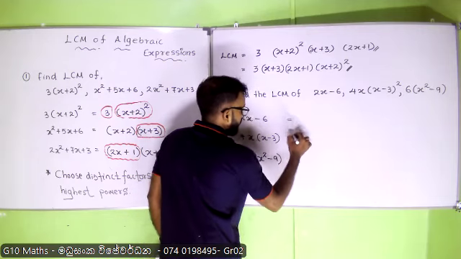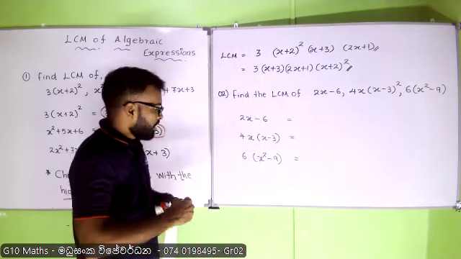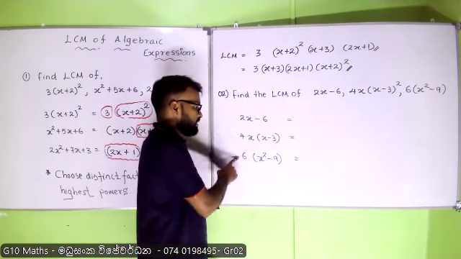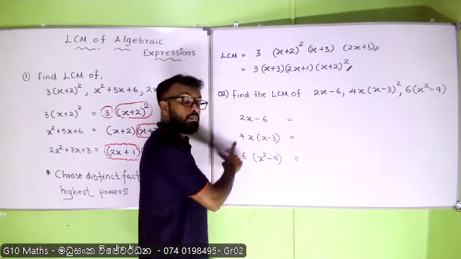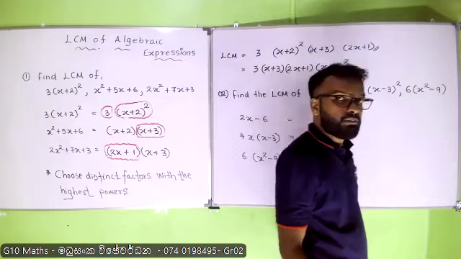If you can remember your grade 8 and grade 9, what you have done is, if you have a number like this, you write that number using the multiples of prime factors.